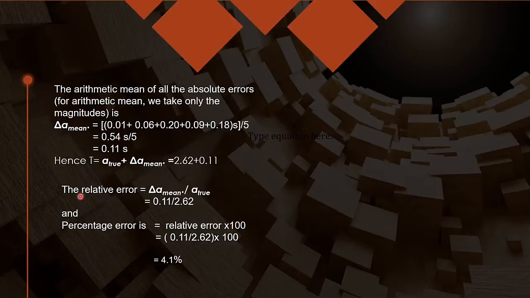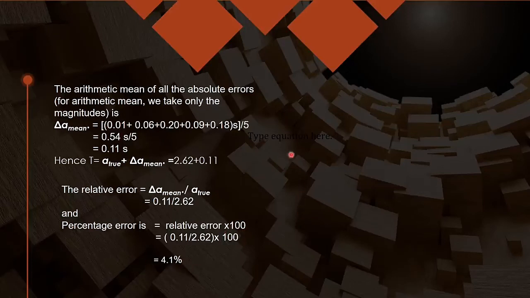And when you have to find the relative error, the formula is again known to you: mean absolute error divided by the true value. So you get 0.11 divided by 2.62. And for the percentage error, you multiply the relative error by 100. So I am getting the result 4.1%.